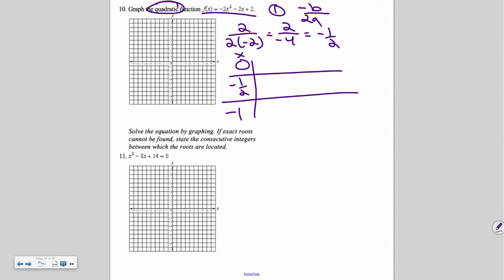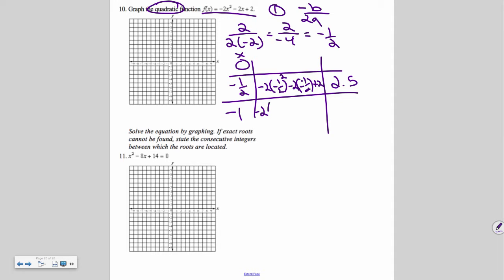These become your x values. Then you plug these values into the equation. So negative 2 times negative 1/2 squared minus 2 times negative 1/2 plus 2. You would then use your calculator, plug that in. You should get 2.5.